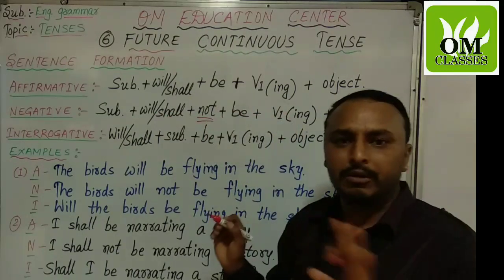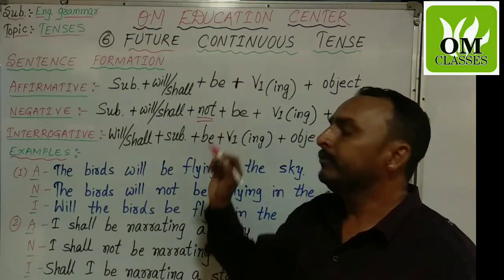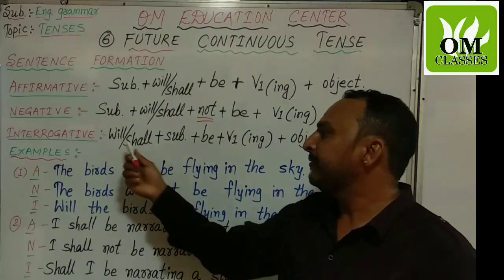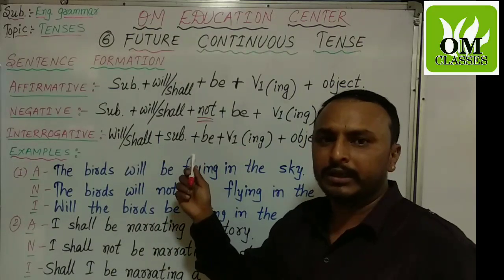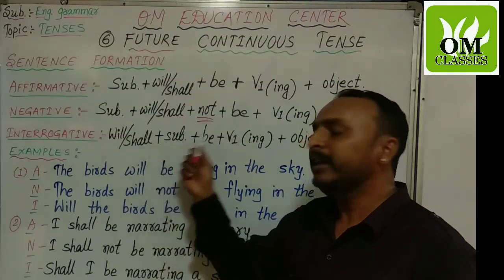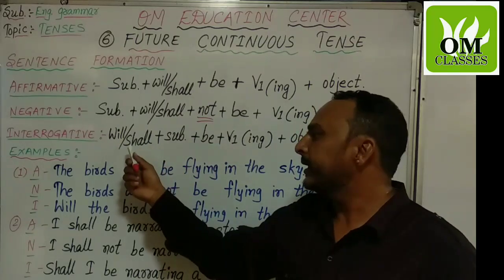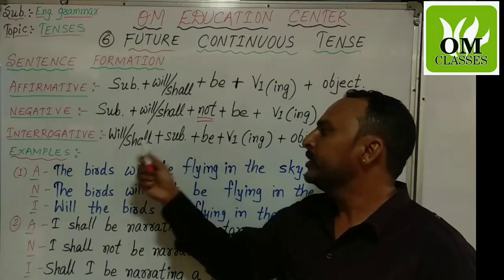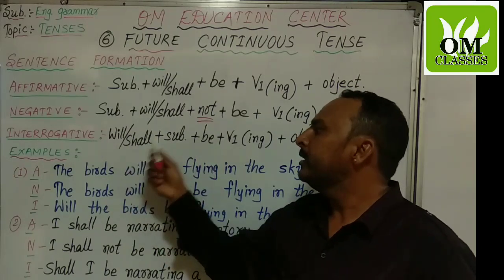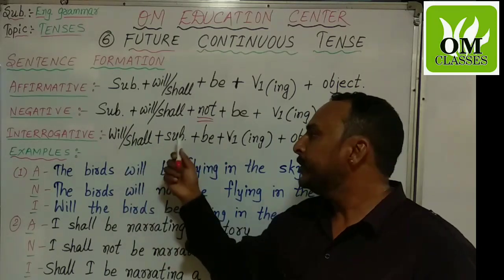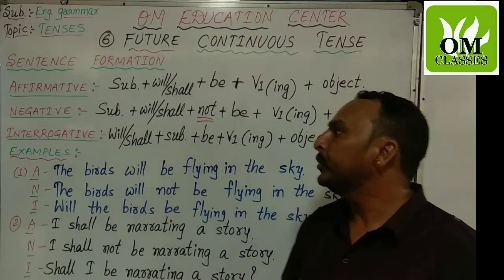Will be not is not right. You have to write will not be. Same way, will he be is right, but will be he is not. So what will you write? Will he be, shall I be, shall we be, will you be. Like this you have to write.